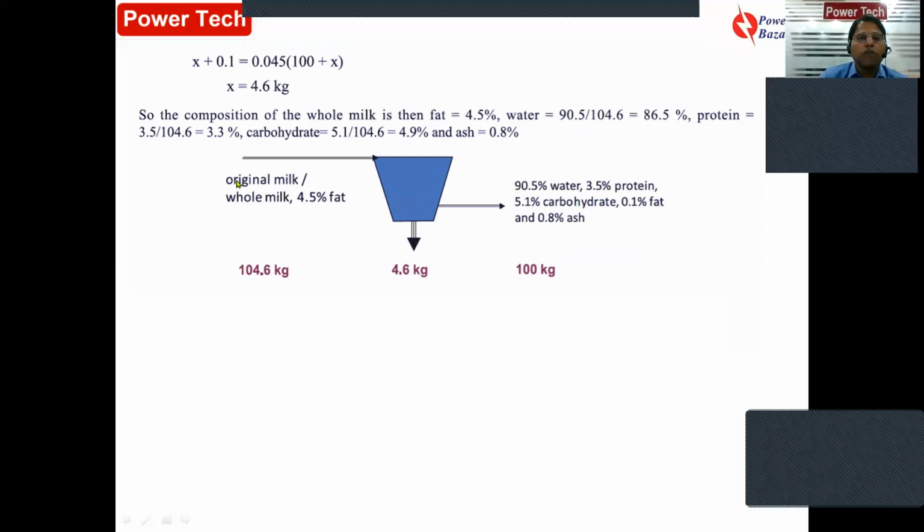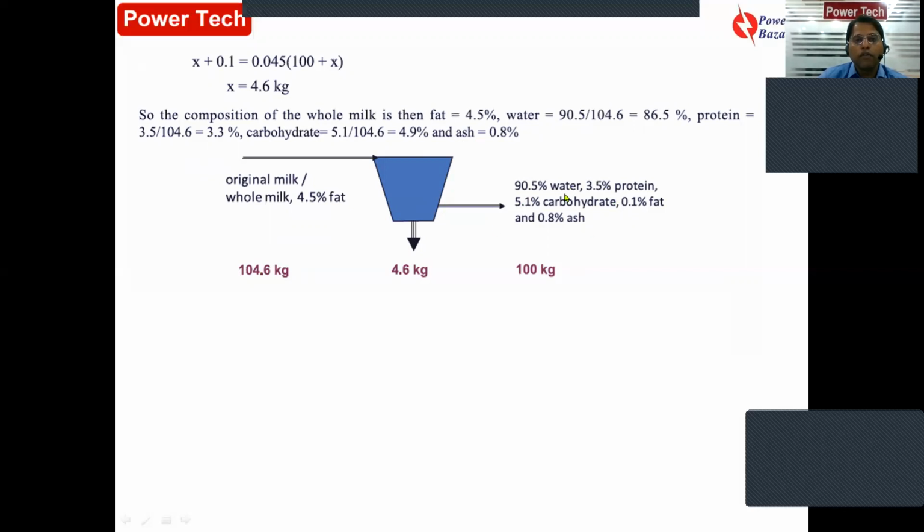So the percentage of these constituents in the original milk becomes: water will be 90.5 divided by 104.6, which is 86.5%. Protein is 3.5 divided by 104.6. Carbohydrate will be 5.1 divided by 104.6. Ash will be 0.8 divided by 104.6.